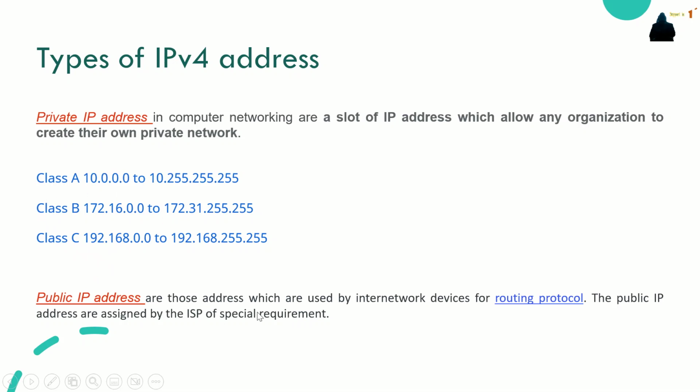And what is a public IP address? A public IP address is provided by an ISP, or Internet Service Provider. Public IP is globally unique, it's very expensive, and a host with a private IP cannot go to the internet.